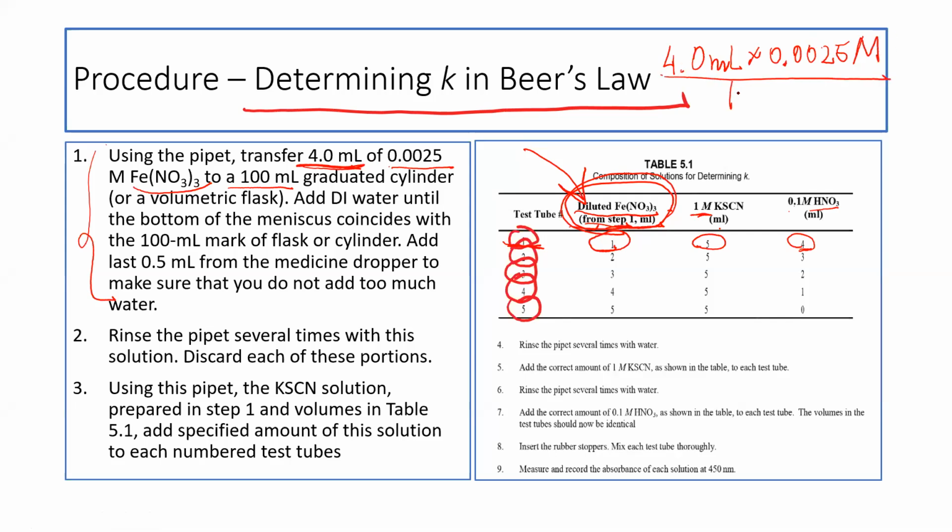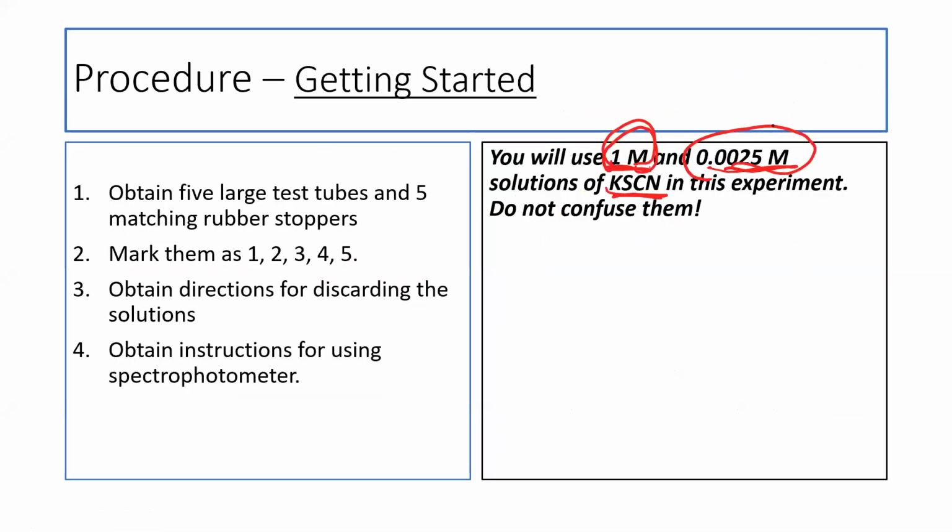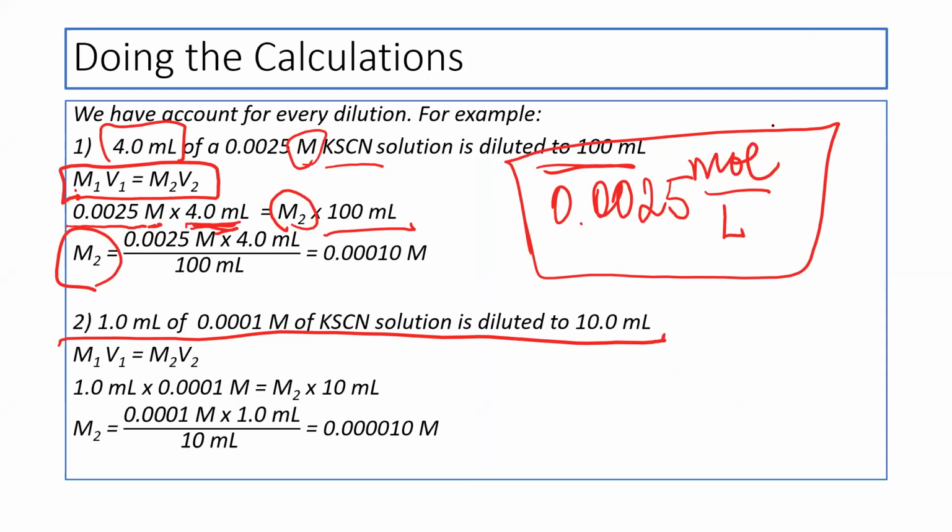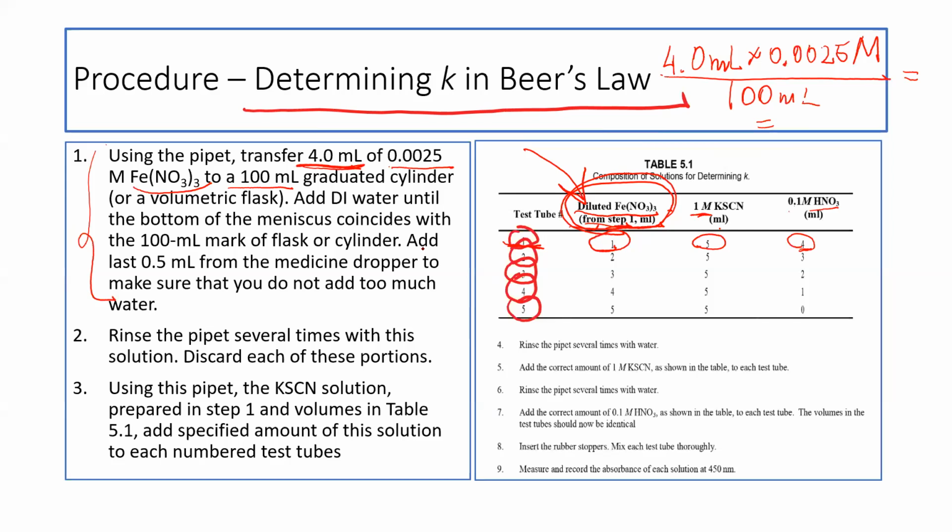And we have to prepare 100 milliliters of this solution, right? And we have already calculated that it's going to be this value, because it's the same. The solution is different, it was just an example. The concentration is 0.0001 moles per liter. This is our diluted solution.